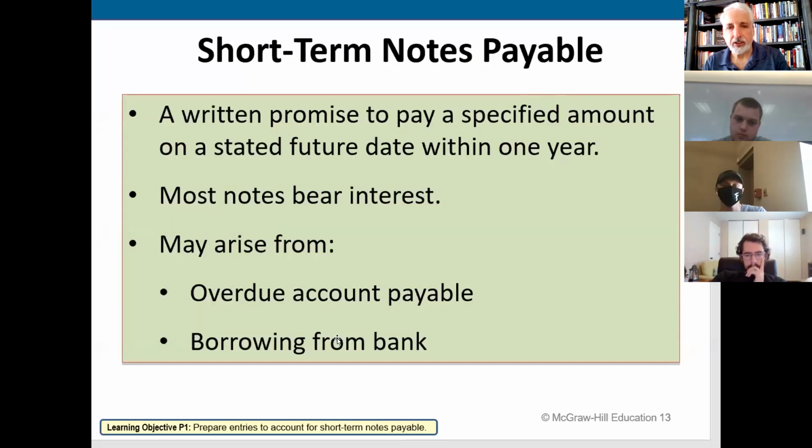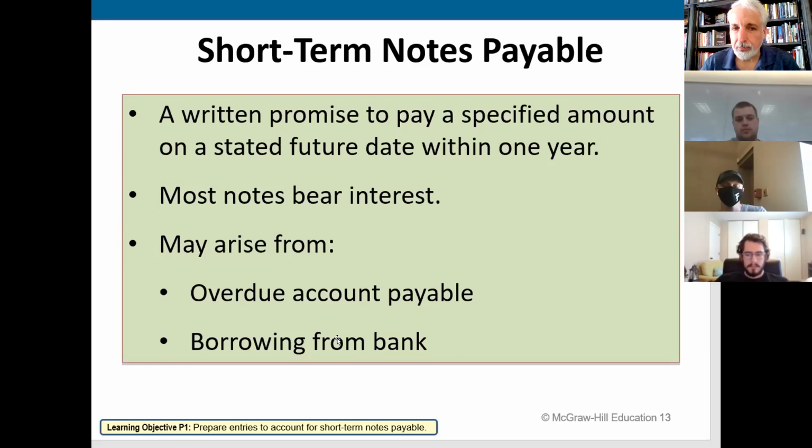Now we're going to get a little fancy. The short-term note payable is different from accounts payable, trade payables. With accounts payable, you pick up the phone or send an email and they send you stuff on the honor system. A note payable is usually signed, bears an interest rate, and has a time frame for when it's going to get paid back.